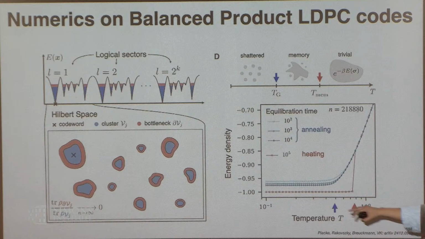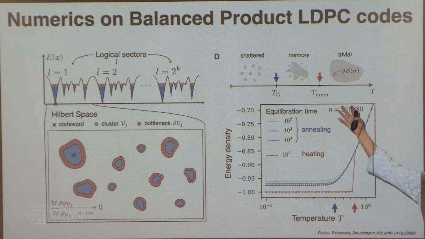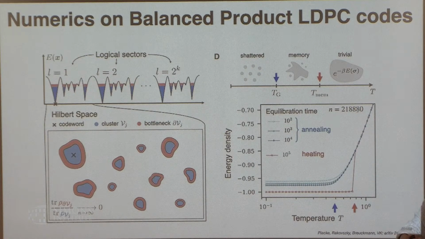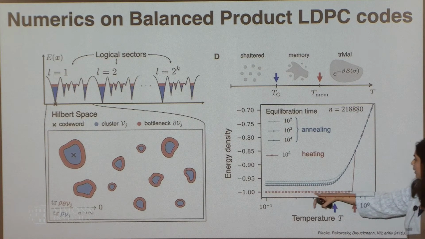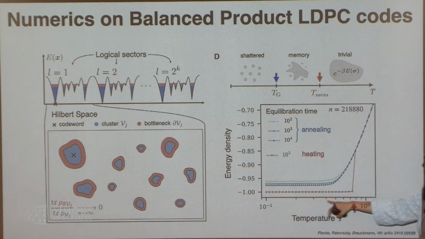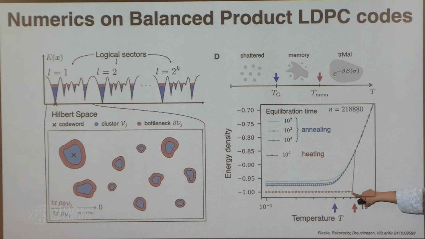The consequence of that is that if you start in something like a code word, and you start doing some kind of classical dynamics on the stabilizers, some spin fluid dynamics, you actually stay in that up to some temperature, which is like a memory temperature, which is what we call a memory time, before you merge with the equilibrium state.